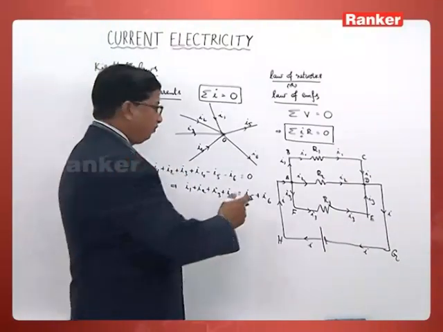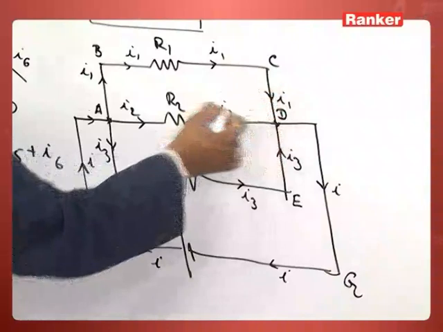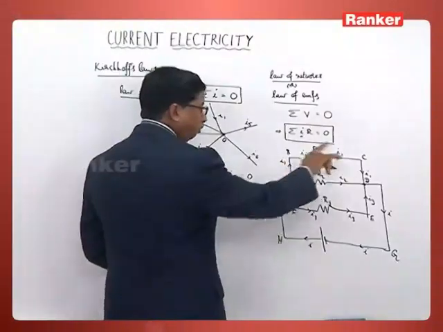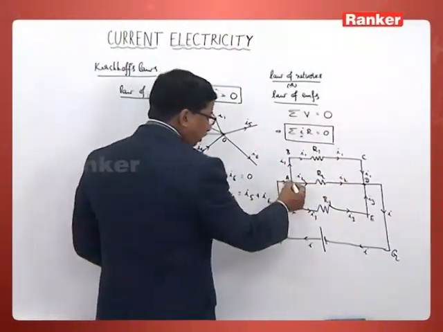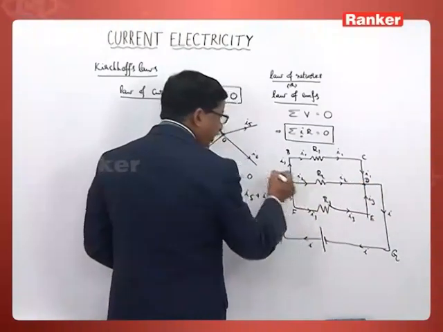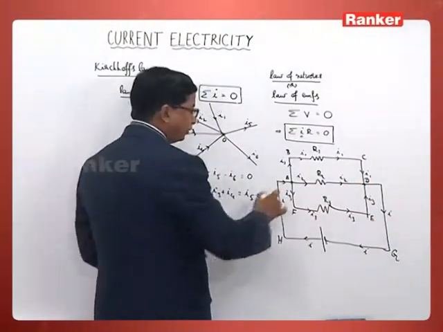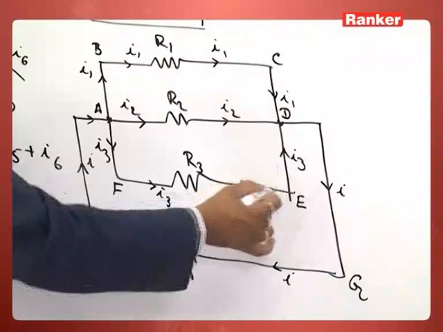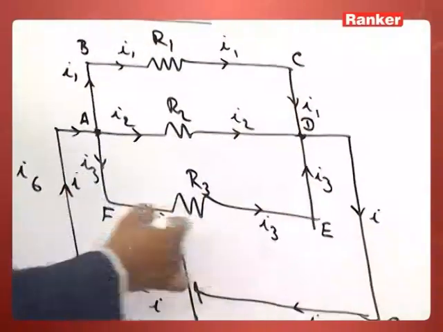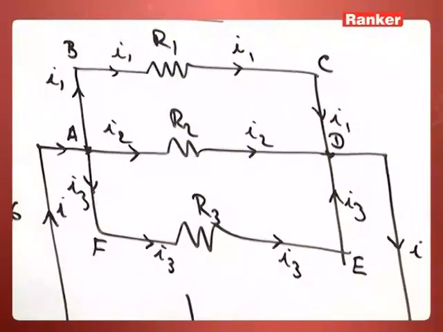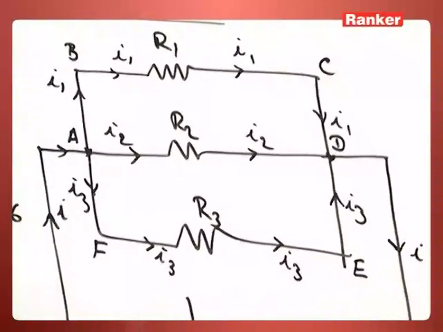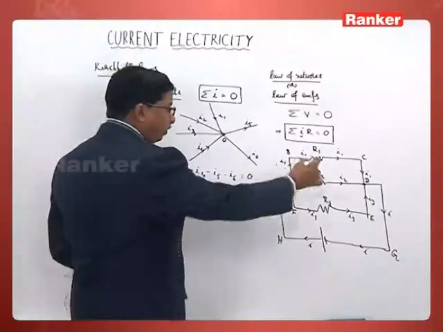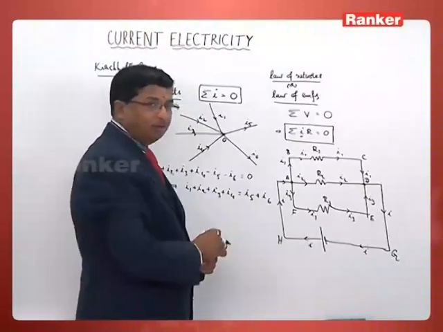Look at these 6. A, B, C, D, A is one closed network. A, D, E, F, A, the second one. B, C, E, F, B, the third one. These are 3 internal circuits. Let us now check the external part of it also.